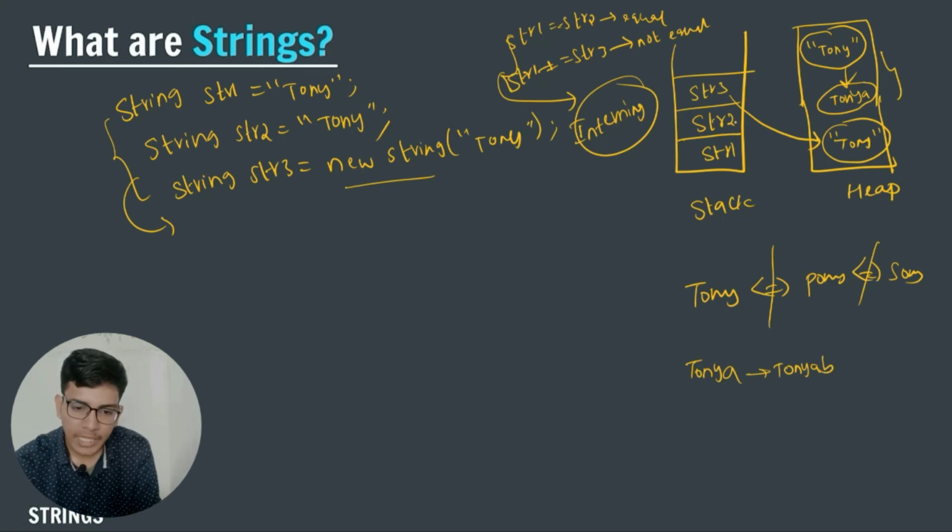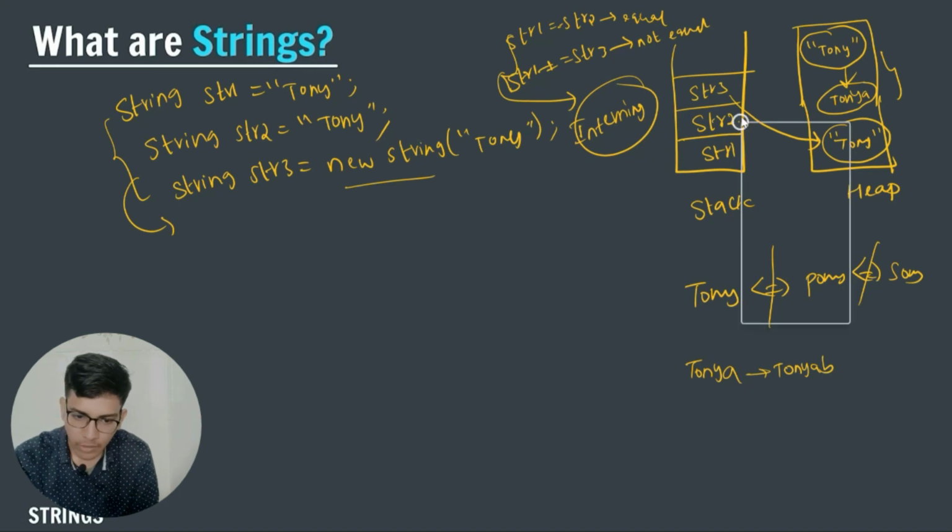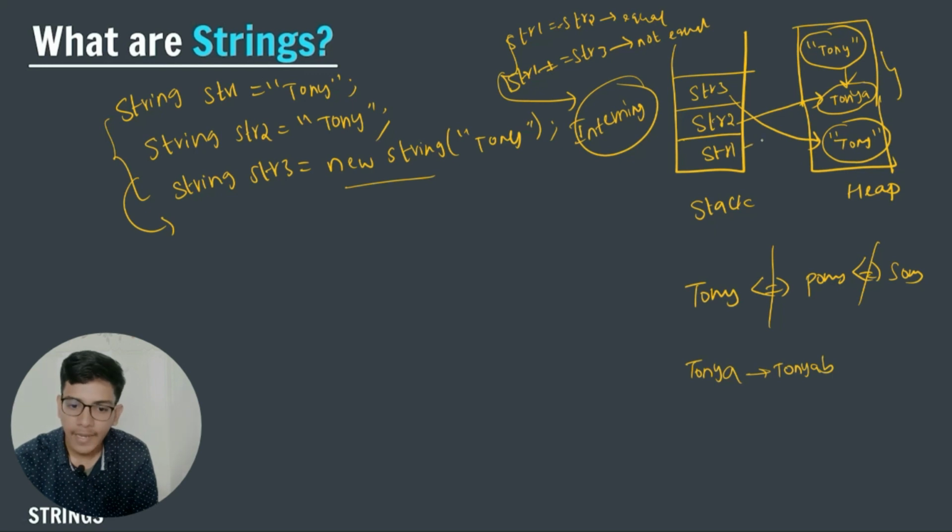Initially str1 and str2 are pointing to Tony. Now Tony has changed to Tonya, and I have added a here. So str1 will now point to Tonya, and this one also points to Tonya. This is what happens in memory.